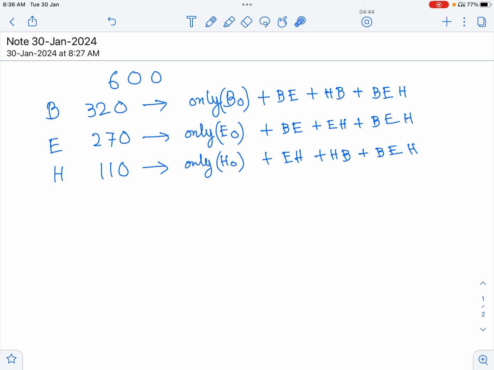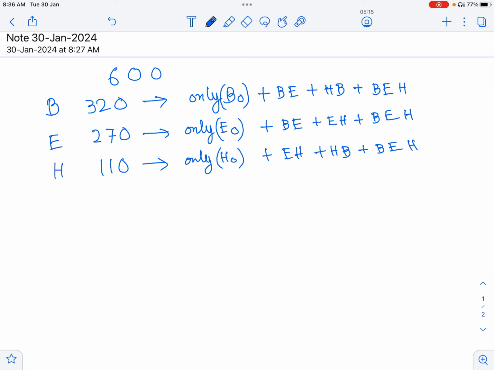Now what can we do? It is also given that the students who learn two languages, that is Bengali and English, their number is 60.